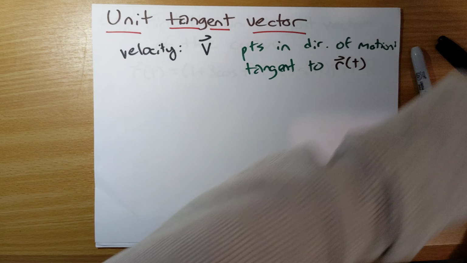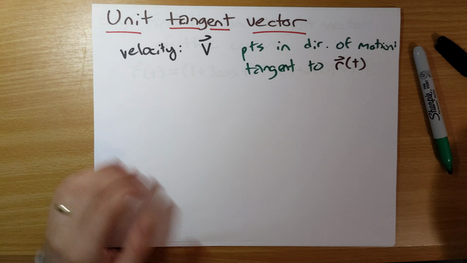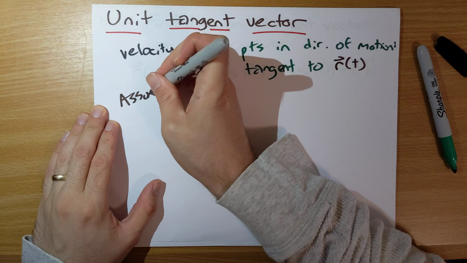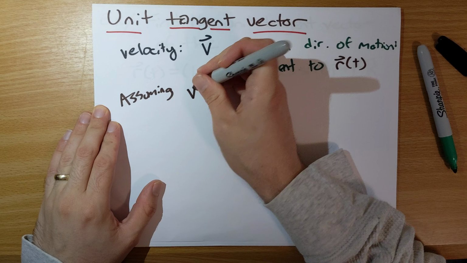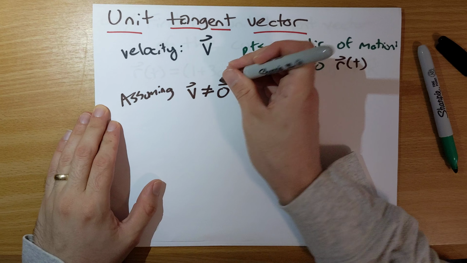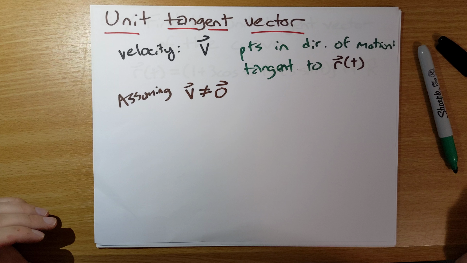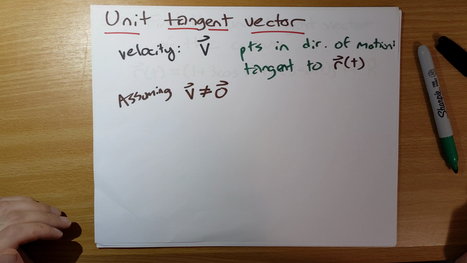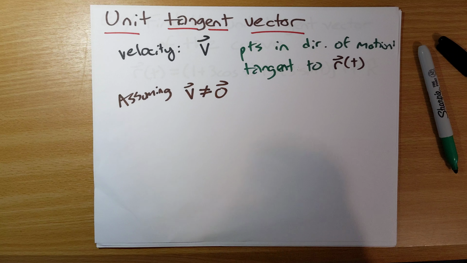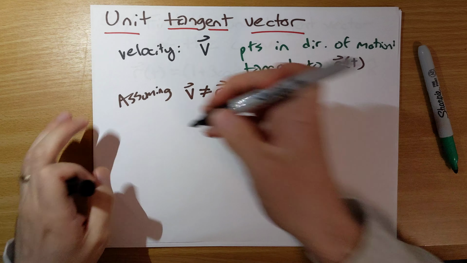And so one thing that we can do is that, assuming that v is not the zero vector, which is basically saying that our particle moving along never stops moving, there's no place that comes to a rest, we can define the unit tangent vector.